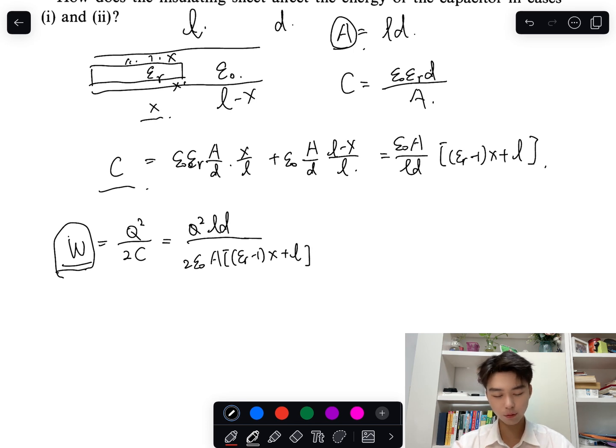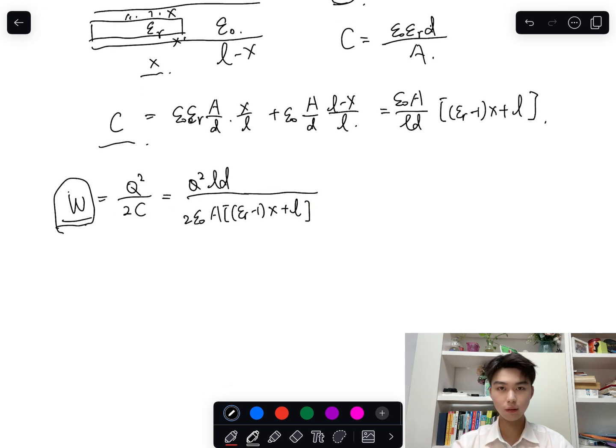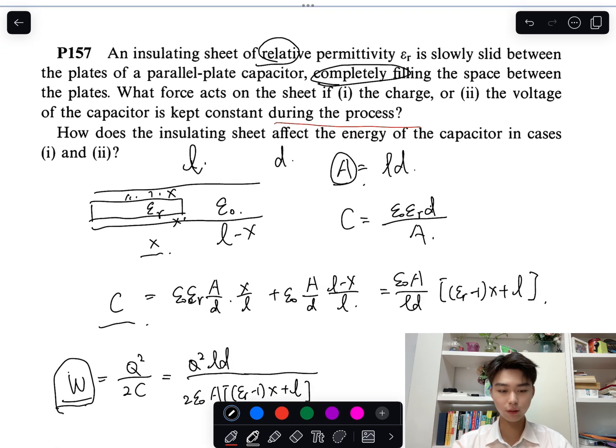Now, how to calculate the force? The relative force is the only thing that changes the energy of the capacitor.